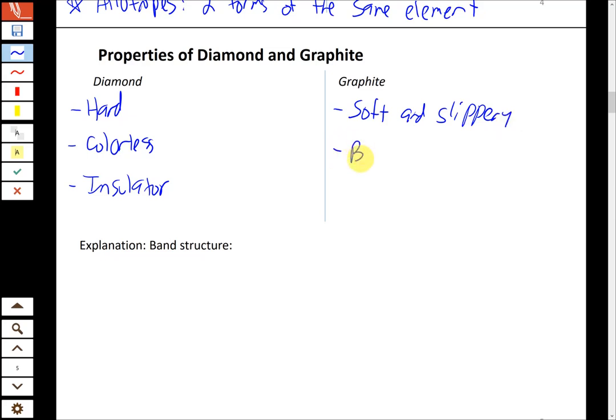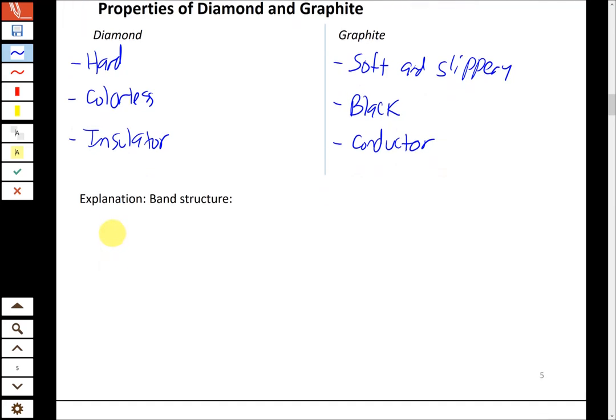And it's black in color, as you probably know, so it's not colorless like diamond, and it's an electrical conductor, not an insulator, okay? And so what you basically have is two different forms of carbon, and just by changing the bonding and the structure, we have huge differences in properties. And that's, to me, one of the most interesting things about chemistry: how you can use the properties of the electrons to rationalize vastly different properties in the structure.